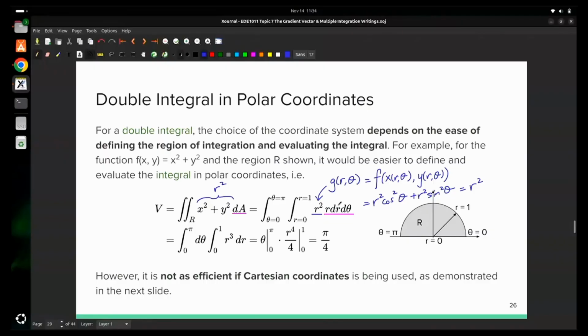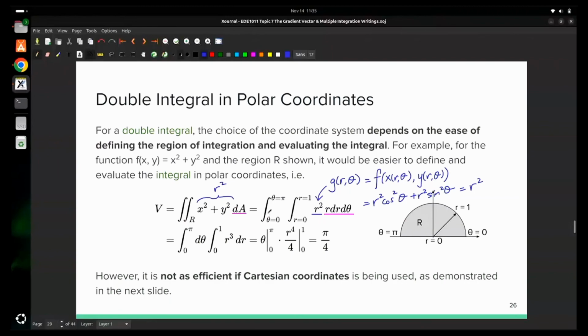Any questions? Okay. So now, how do you integrate this? Basically just integrate r cubed dr. I mean, very easy. Integrate r cubed, just r to the power of 4 divided by 4. Then substitute in the limits. But the question you have here is, how come this integration with respect to theta can factorize out? Meaning to say, the two integrals can be separated.